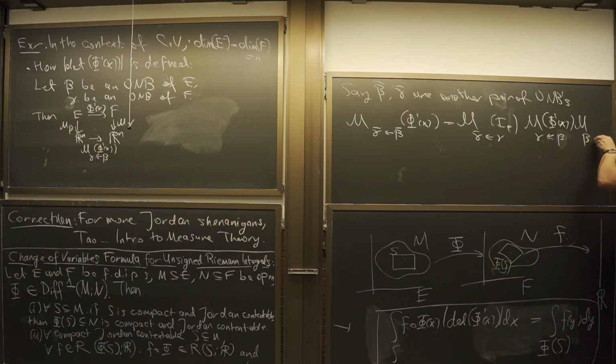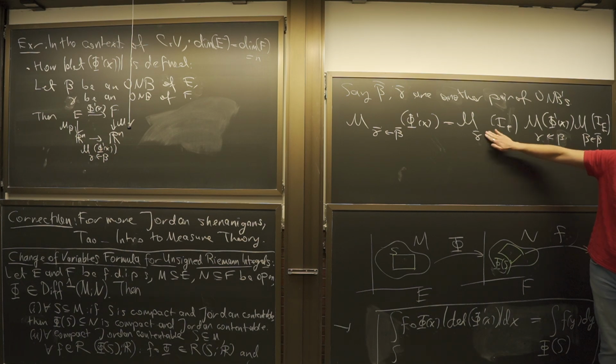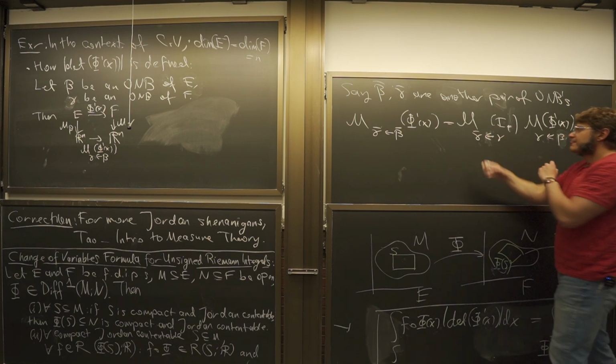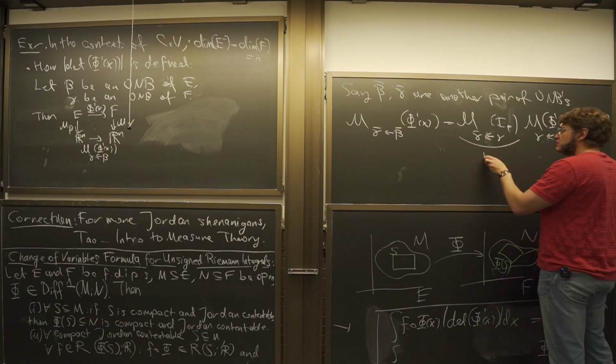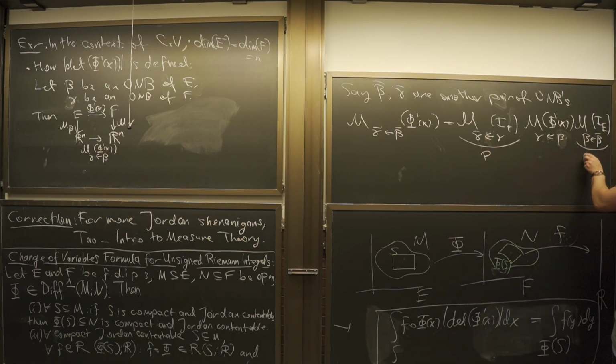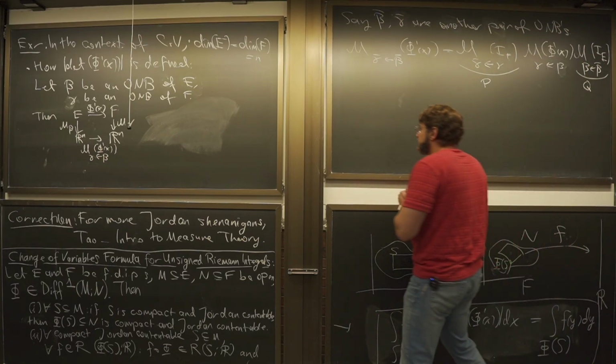Then you have here this. The point of doing all this is that by virtue of the fact that both of these bases are ONBs, this matrix is going to be orthogonal. Let's call this P. Let's call this Q. These are orthogonal matrices.